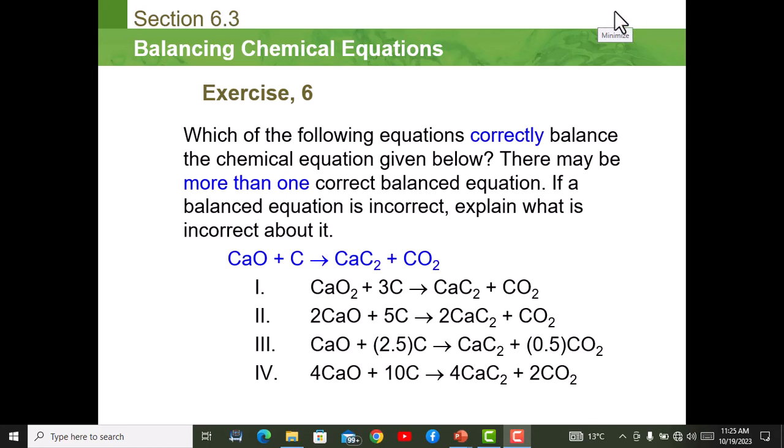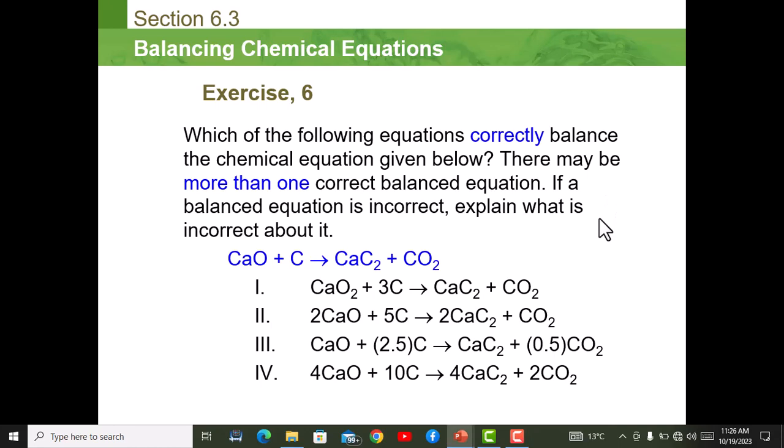So let me just do this. Which of the following equations correctly balance the chemical equation given below? There may be more than one correct balanced equation. If a balanced equation is incorrect, explain what is incorrect about it. Let me just take you back.